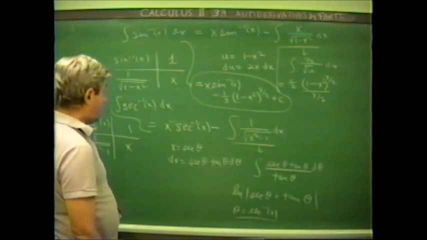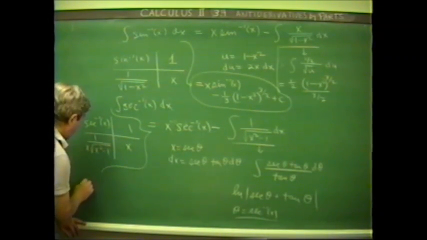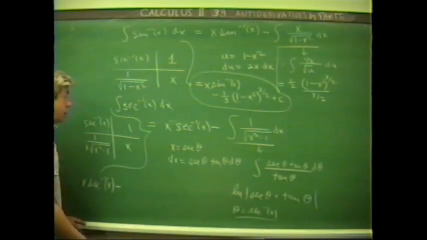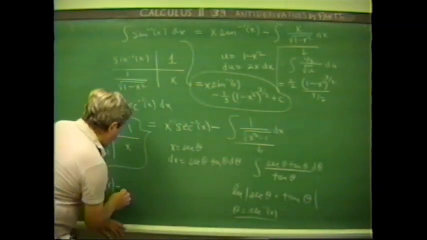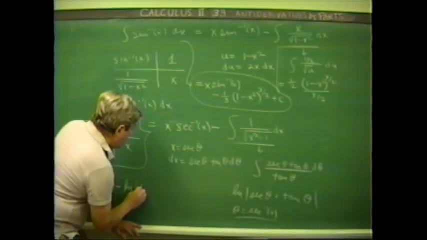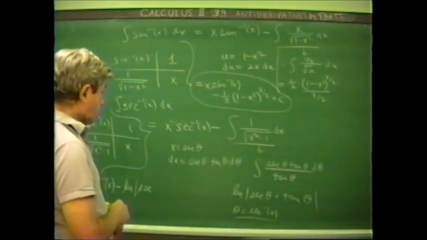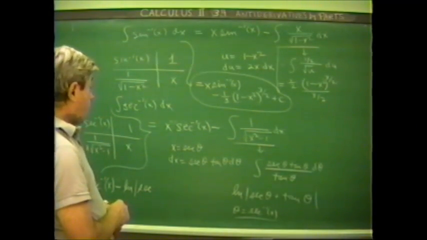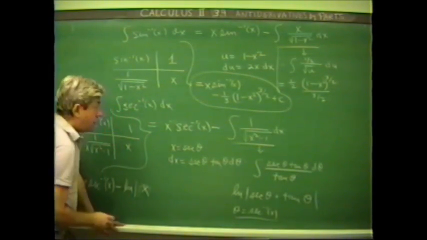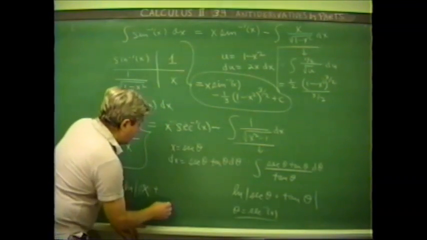So what we get here is that this integral here is x secant inverse of x minus log of the secant of secant inverse of x, which is going to be log of x, and then we've got plus the tangent of secant inverse of x.